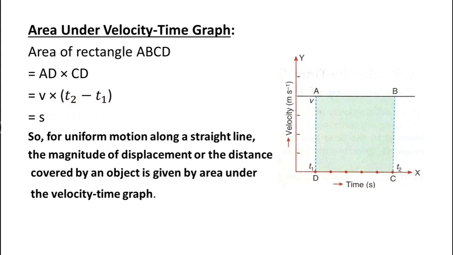Now, we know that velocity into time gives us the magnitude of displacement. Hence, the area of rectangle ABCD is equal to what? Displacement. So, we conclude that for uniform motion along a straight line, the magnitude of displacement or the distance covered by an object is given by the area under the velocity time graph.